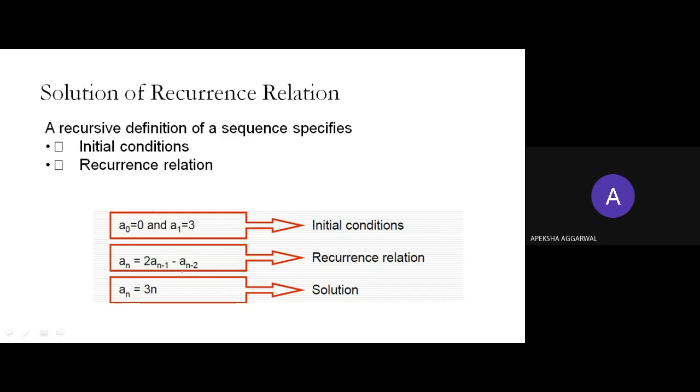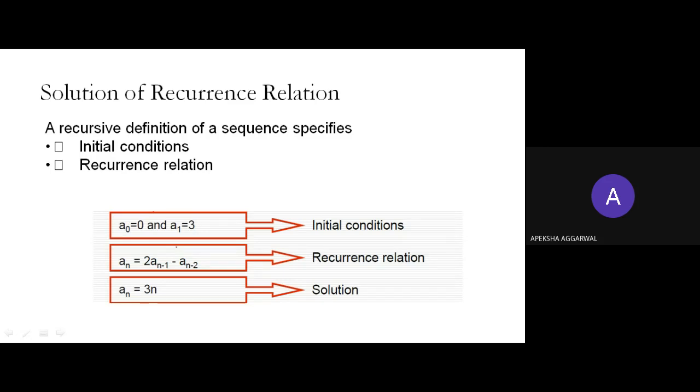Because it's calling n minus 1 and n minus 2, you need a0 and a1 to calculate a2. For calculating a2, you require 2 into a1 minus a0. Similarly, for calculating a3, you require a2 and a1, and so on.